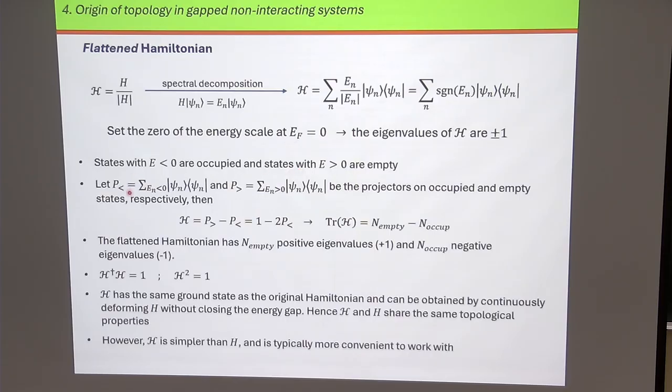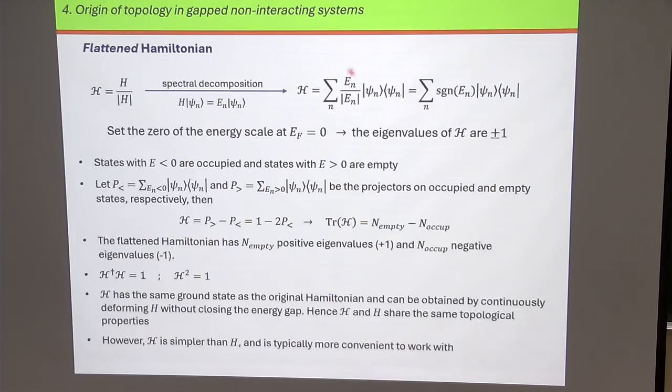You can use a projector over the negative energies. The trace of this projector will be the number of occupied states, and for the positive energies, above the Fermi energy, the trace of this operator will give you the number of empty states.